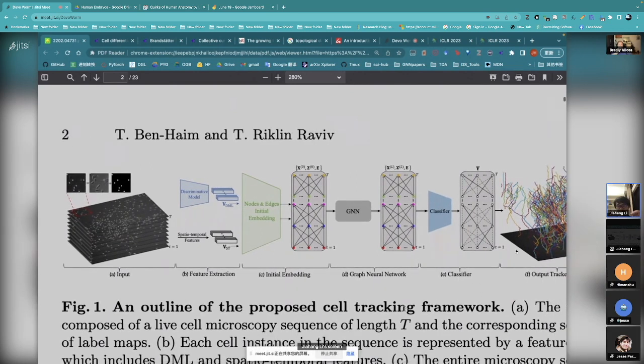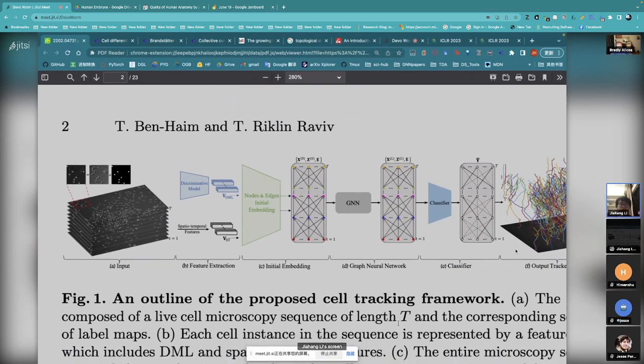And next, you want to connect cells to build the cell trajectories. This is what we do in the cell tracking task. It can be done by a very classical task in graph neural networks, which is link prediction. That means when you build a graph, you want to predict which edges are the real, existing ones.